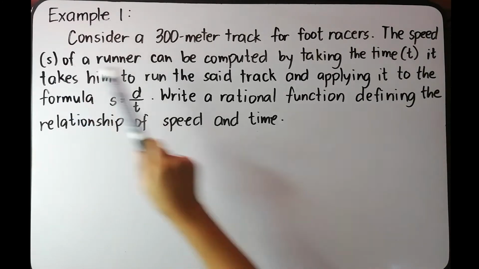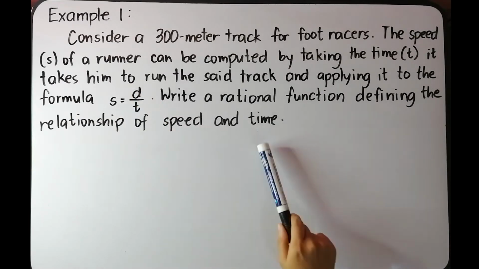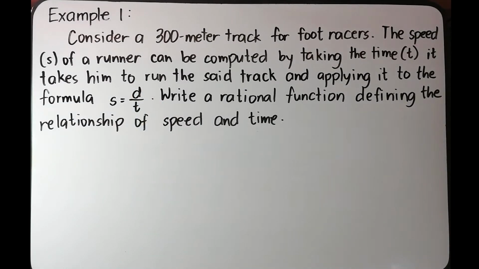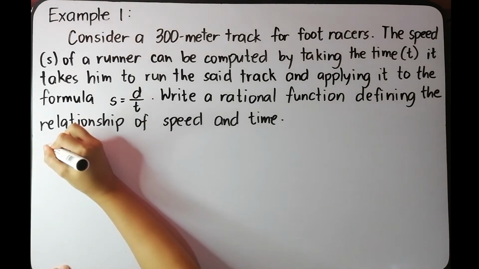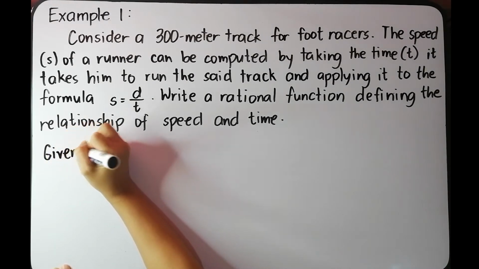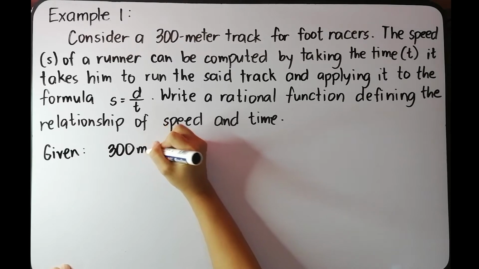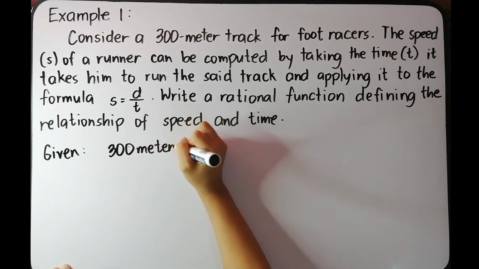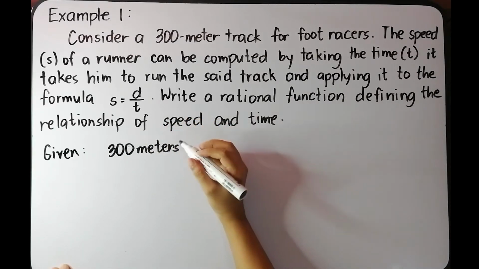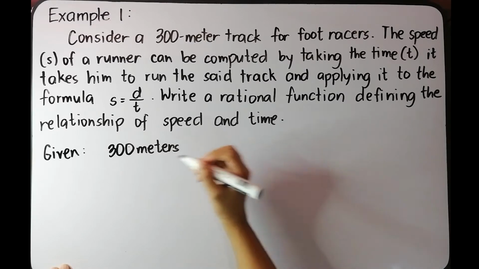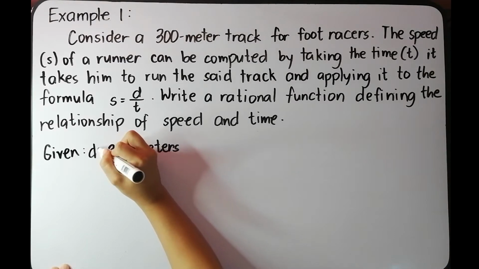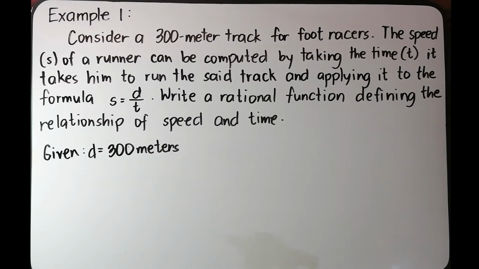So we have speed as S and time as T. So what is our given in this problem? We have a given 300 meters. So this 300-meter track is our distance, the fixed distance.